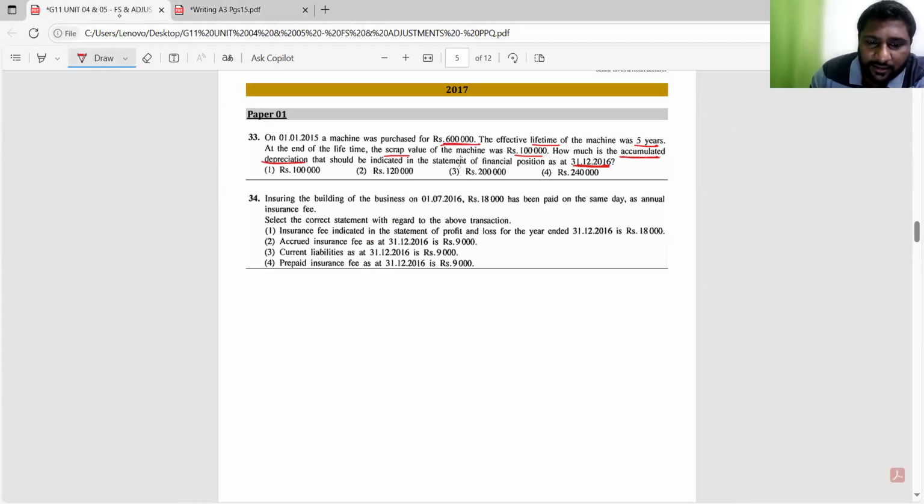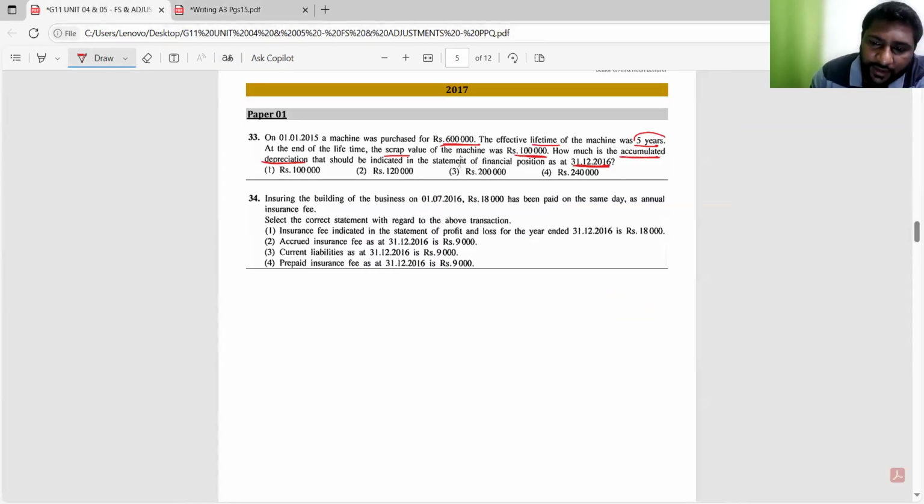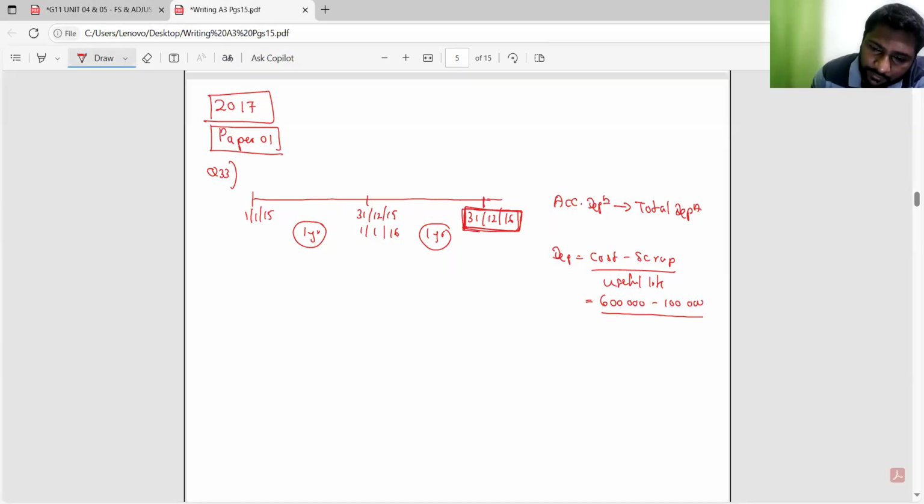Cost is 600, scrap is 100. 600,000 minus 100,000, useful life 5 years. Then 500,000 divided by 5 years, 100,000 for a year.